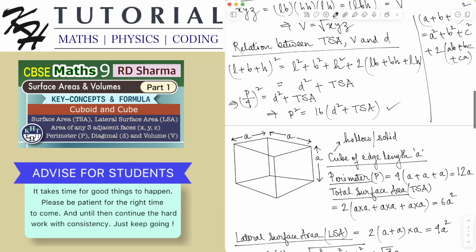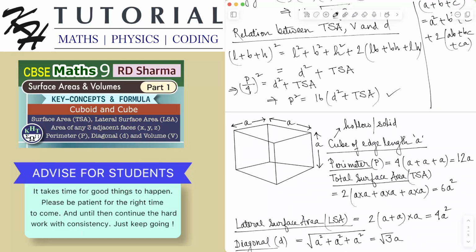Now let's see what a cube is. Now, a cube can also be hollow or solid. A cube is basically a cuboid where the length, breadth, and height are all the same. That is, the length, breadth, and height are of equal value. So a cube is described by its edge length a.